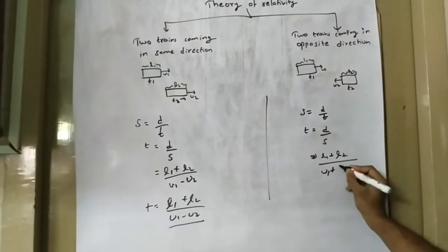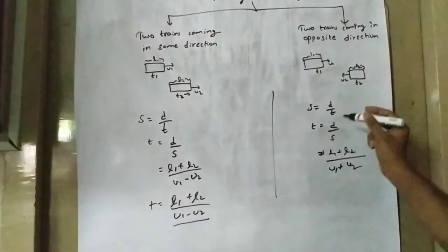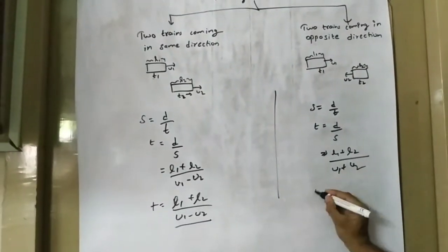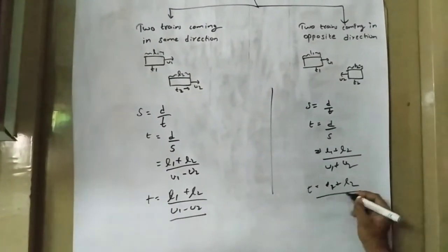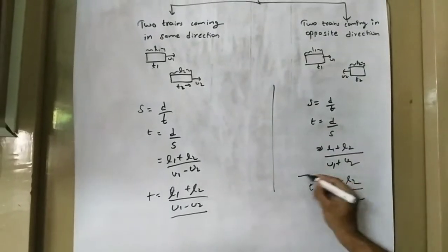So if it is moving in the opposite direction, the speeds will be summed up. So the total time taken is L1 plus L2 by U1 plus U2.